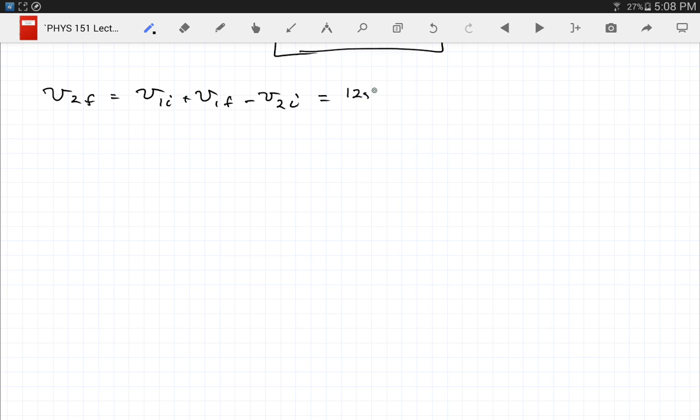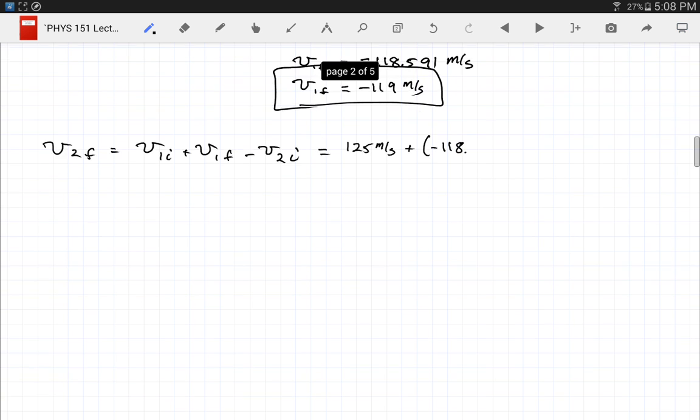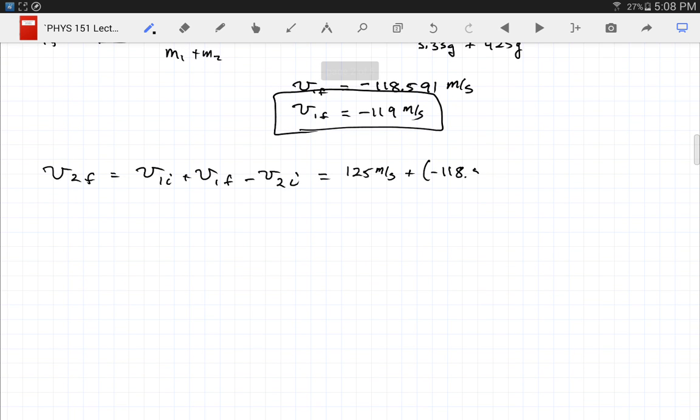That's going to be 125 meters per second plus negative 118.591 meters per second minus V2 initial, which was 2.25 meters per second.